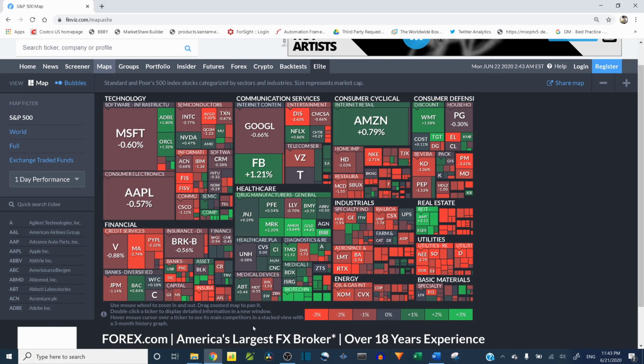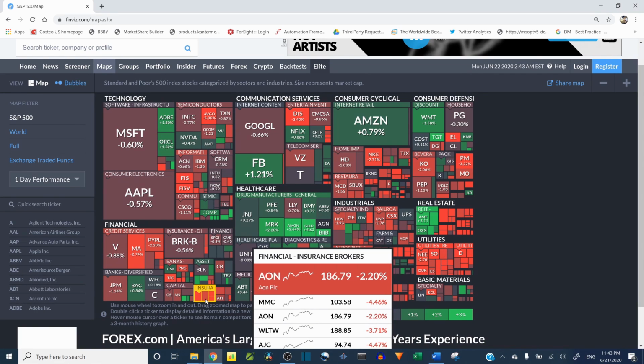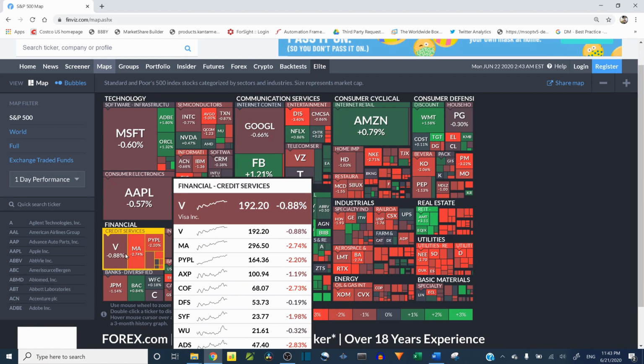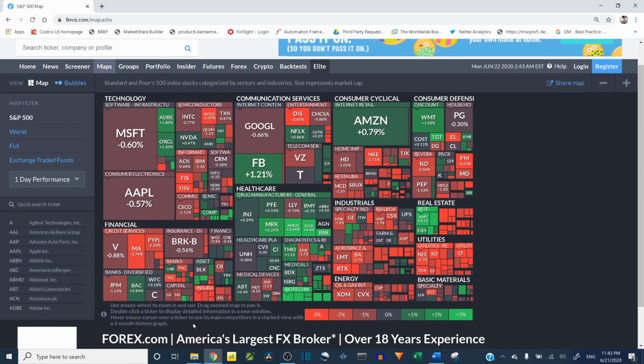You could see insurance performed really badly. You could see credit services didn't perform that well either. So stocks tend to move in sectors, and this is why this gives you such a great view of how stocks did in 1 day.